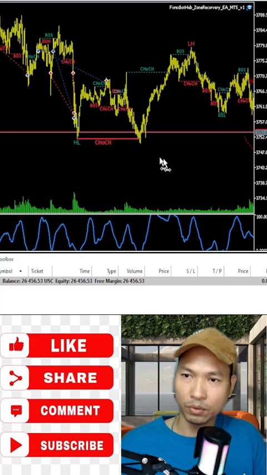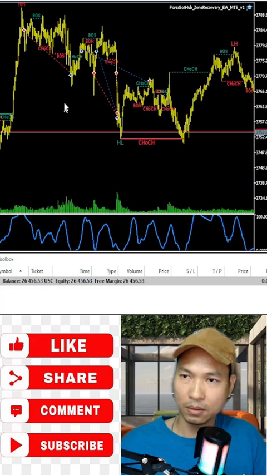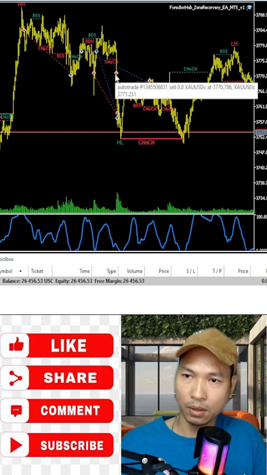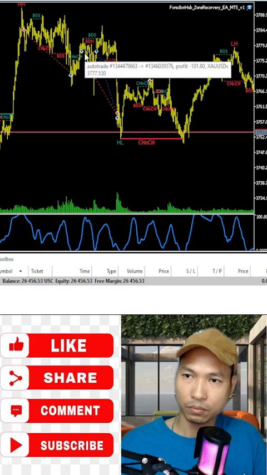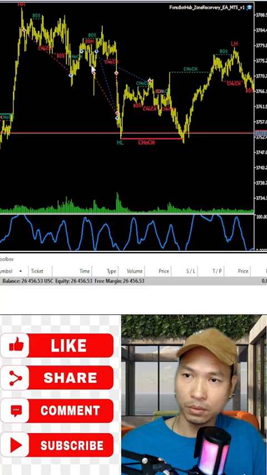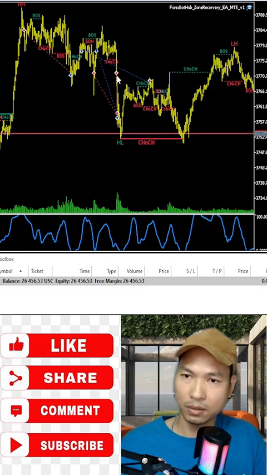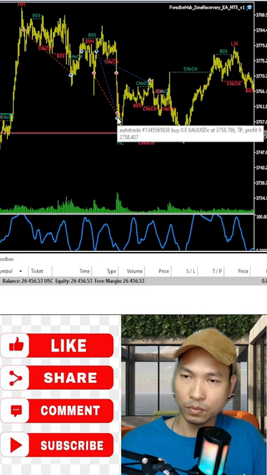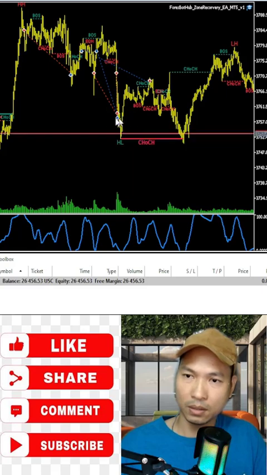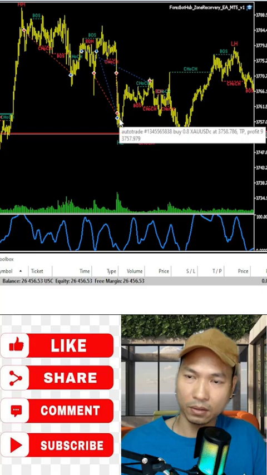And another real trade in the past, here we have this trade cycle. We also finished with 4 trades. This is the profit target line.